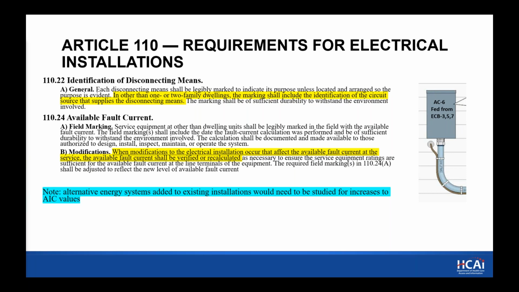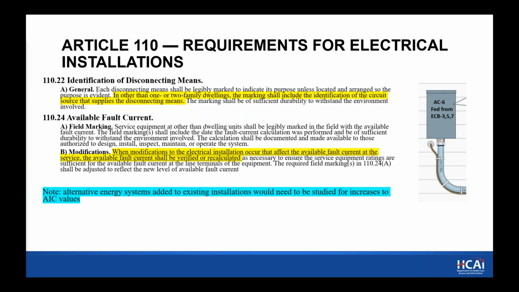110.24, available fault current. Essentially, they've added in a requirement. We always have the same requirement. Service equipment will need to be legibly marked with available short circuit current, including the date it was calculated. They add in, when modifications to the electrical installation occur that affect available fault current, that it shall be recalculated, re-verified, and then, if necessary, remarked.